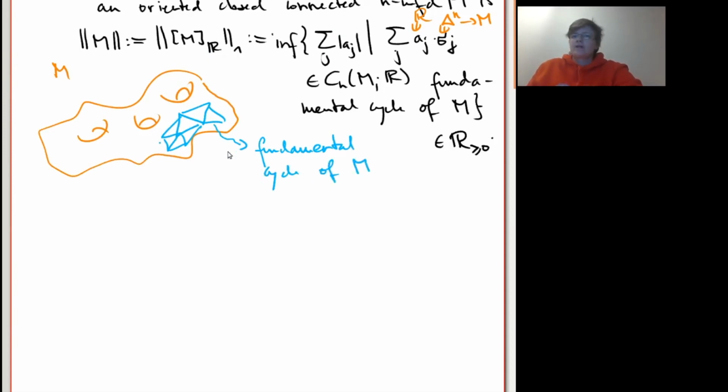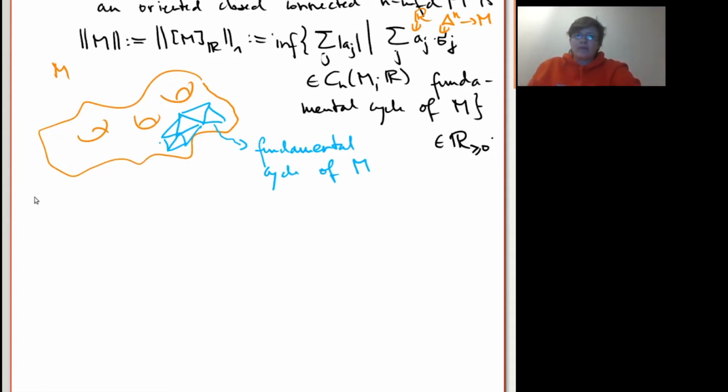And of course, the one norm of this cycle is just the number of top dimensional simplices that I have in my cycle. So in particular, what I get is that the simplicial volume is always bounded from above by the minimal number of simplices in the triangulation.